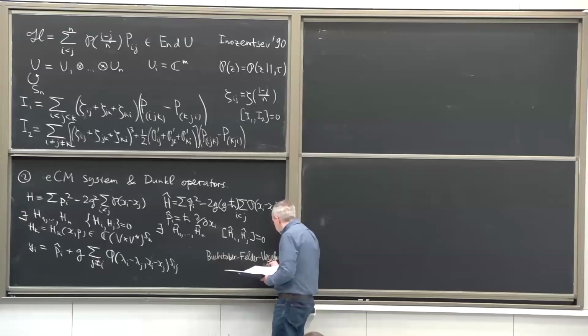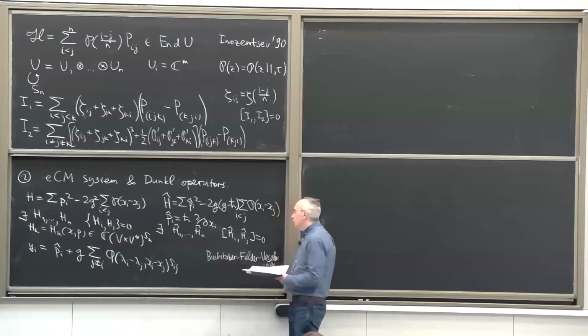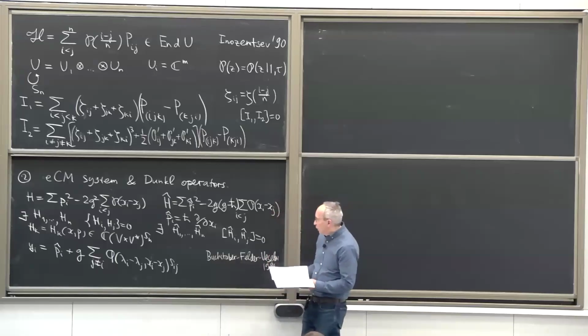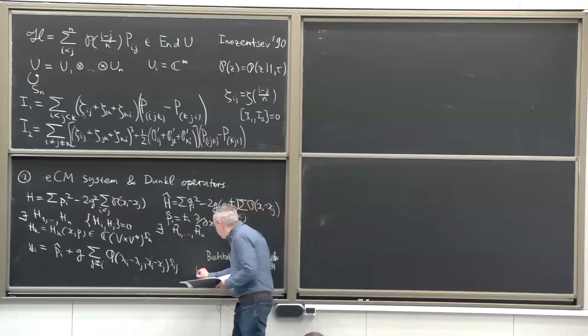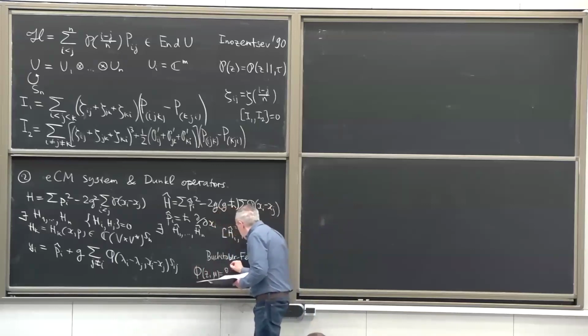And the main properties, maybe I should write this phi of z, mu is theta of z minus mu, normalized like that.